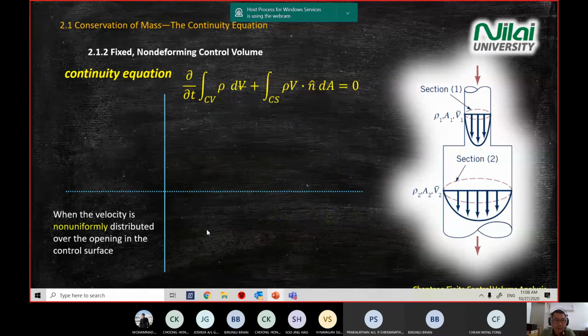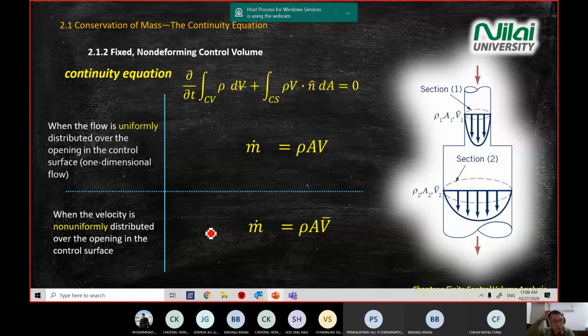The next one, we deal with another two scenarios: when the flow is uniform or non-uniform. When the flow is uniform, we use the equation m dot equals rho A V, because it's uniform throughout the section. If the velocity is non-uniform, then we use the v hat here.